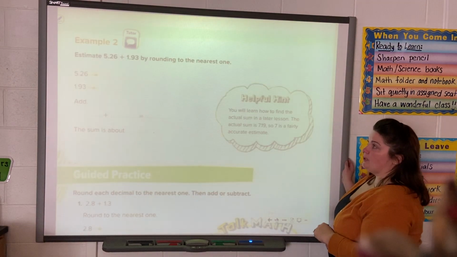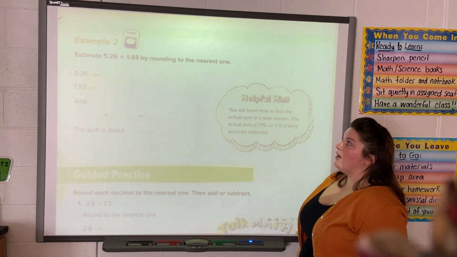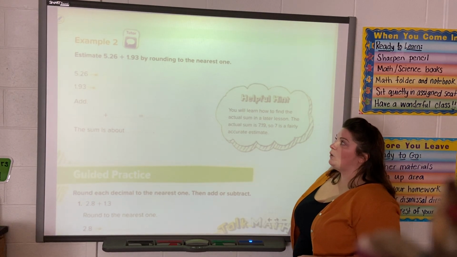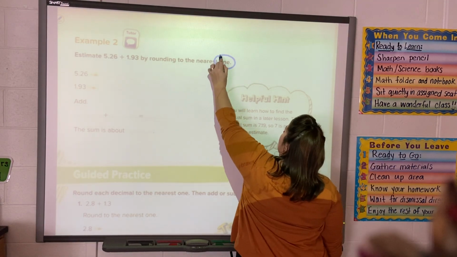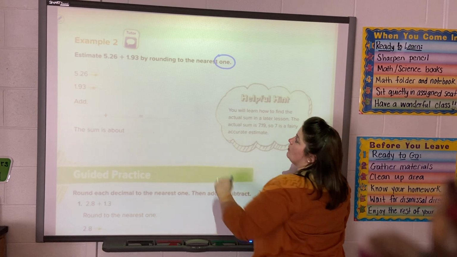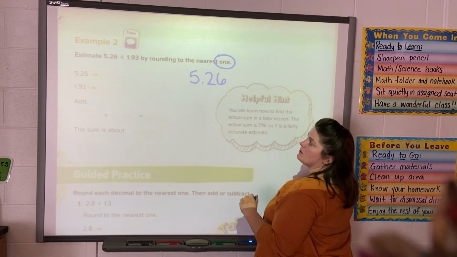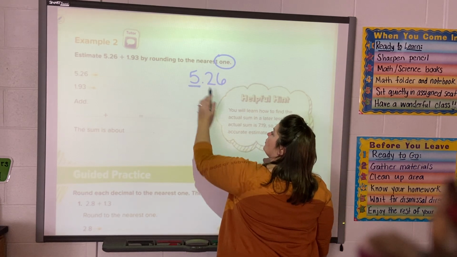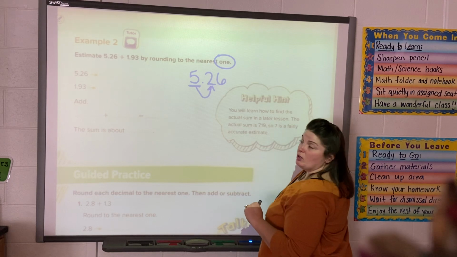Let's go to the next page. Example 2. Estimate 5 and 26 hundredths plus 1 and 93 hundredths by rounding to the nearest 1. 5 and 26 hundredths. If I round it to the nearest 1, I'm focusing on the 5. 4 and below, let it go.